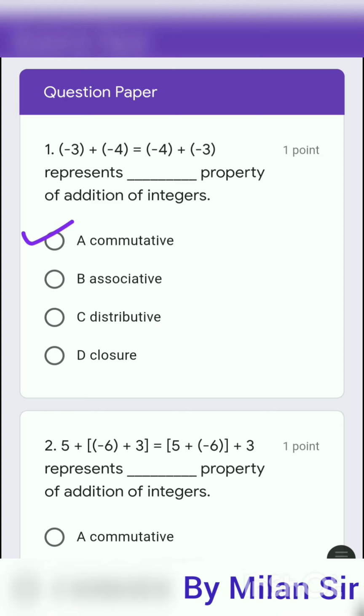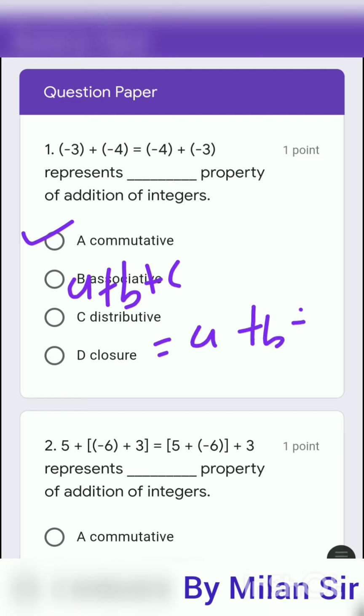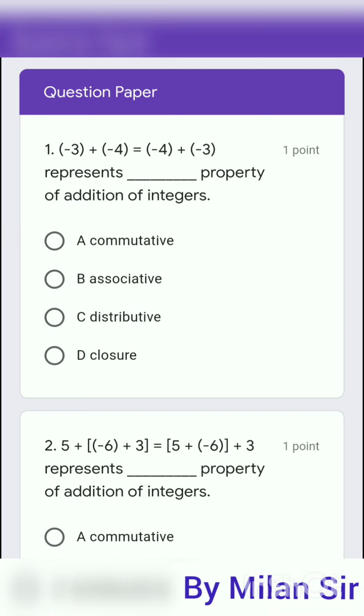In associative we have the three numbers, right? A plus b plus c. Here even a plus b plus c. Here in a plus b it is in the bracket, and here b plus c it is in the bracket. That means if we have three numbers and if order is changed, then it is called associative property, right?